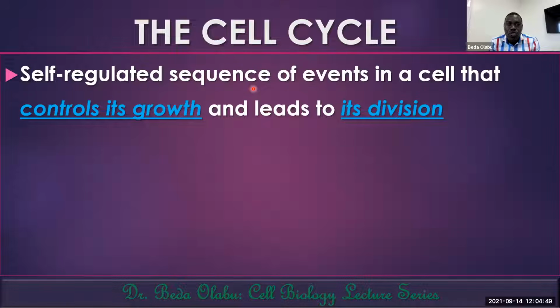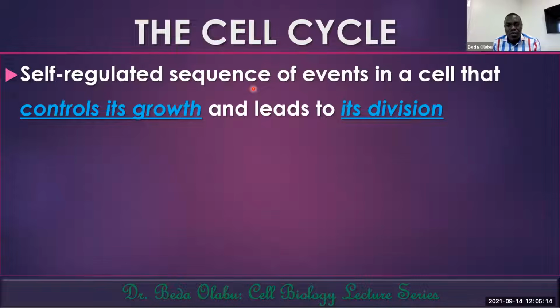They are aimed at controlling the growth of that particular cell, but they're also aimed at leading that cell to its division so that the cell eventually divides into two daughter cells. So that self-regulated sequence of events is what we are calling the cell cycle.